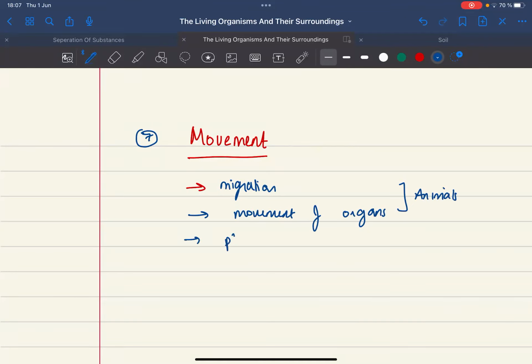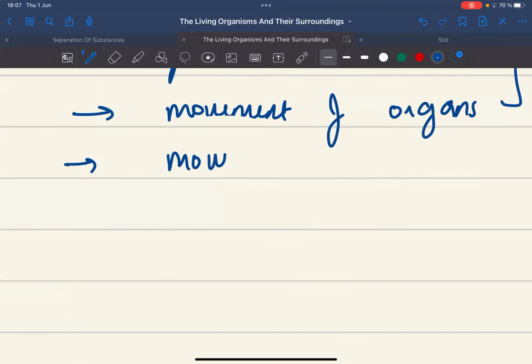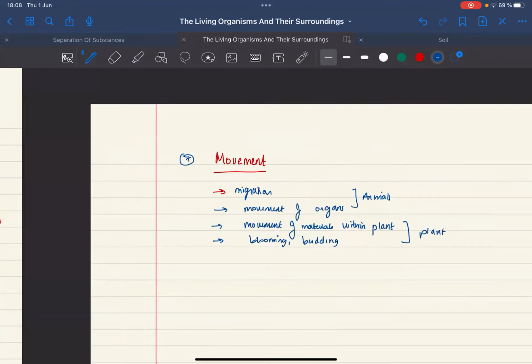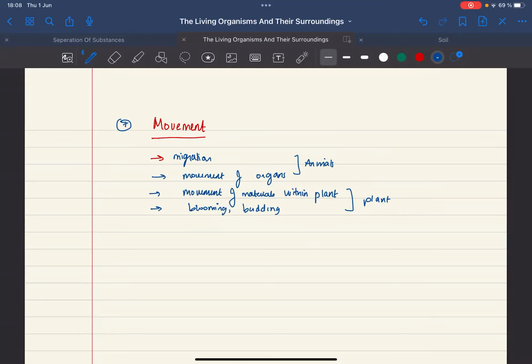When it comes to the plants, we have, then also apart from that, you have, these are movements between the plants. So this is another characteristic, that is the movement.